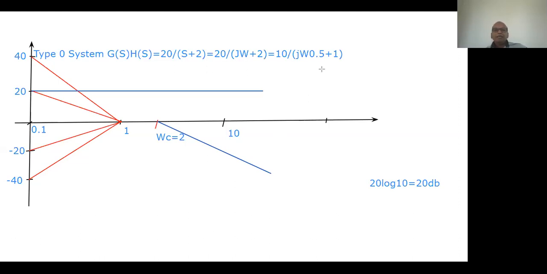And then, by taking the log scale on both sides, the multiplying factors are converted into additive ones. That is, the resultant magnitude equals 20 log 10 minus 20 log of the magnitude of j omega 0.5 plus 1. There is a minus here because it is a simple pole on the real axis.